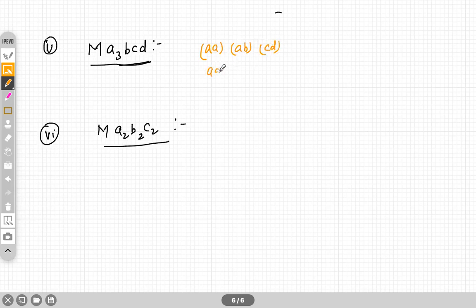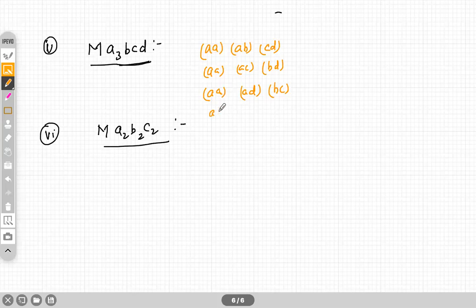Then we'll have AA, then AC, BD. Again, we'll write down AD together. So AA, AD, BC, and one more we have AB, AC. There are 4 isomers possible for the first one.